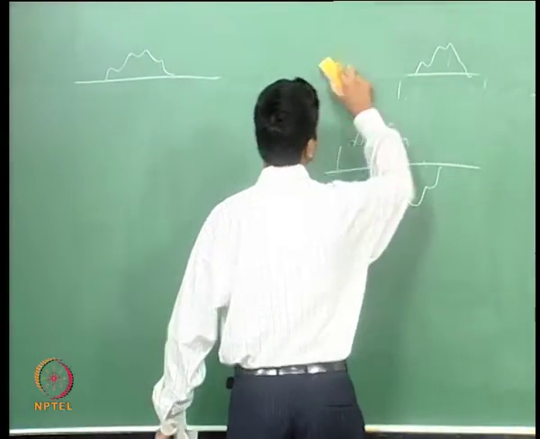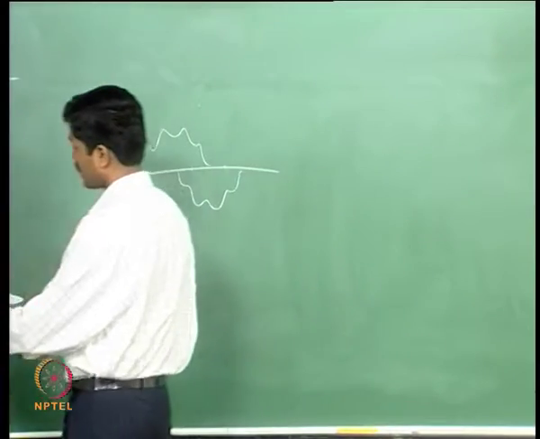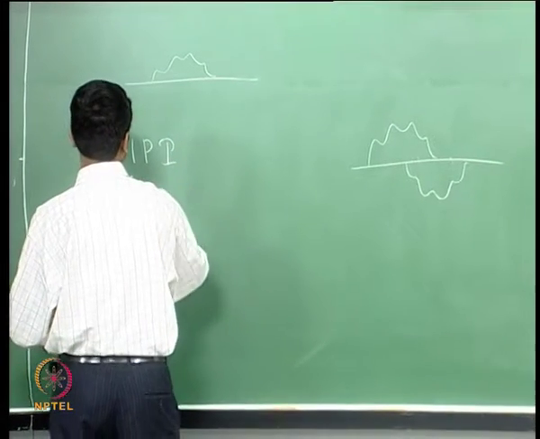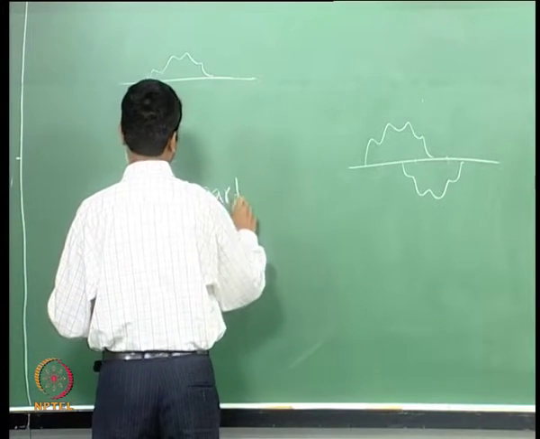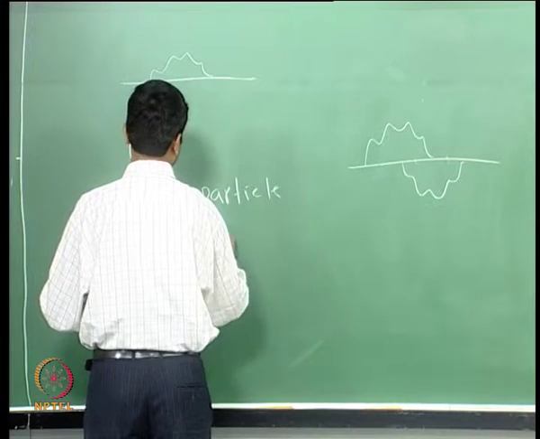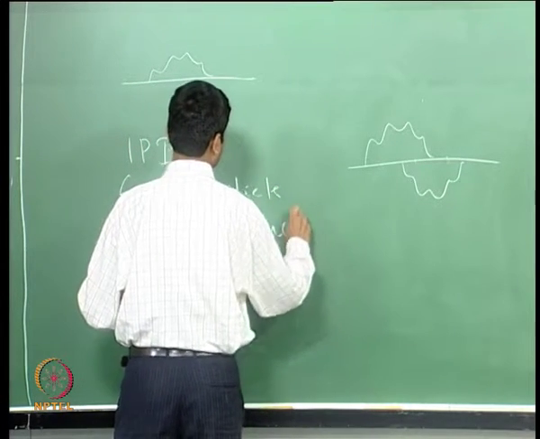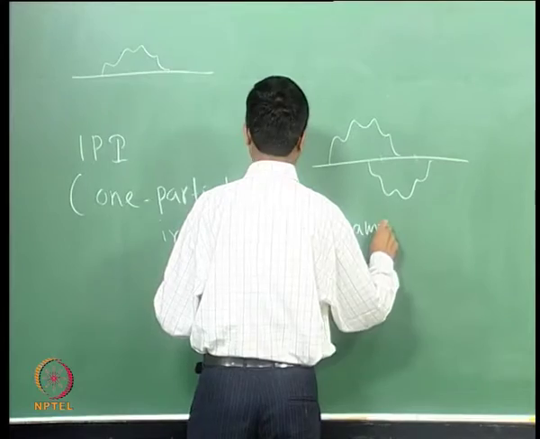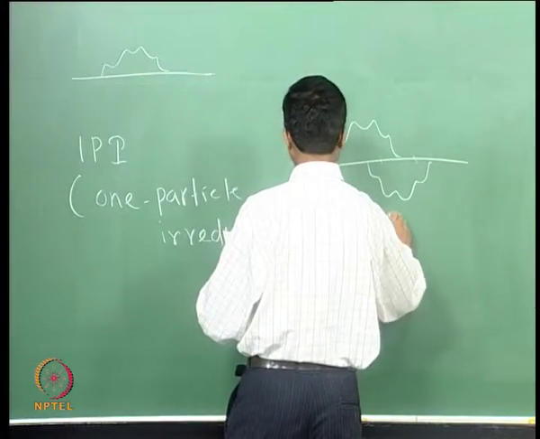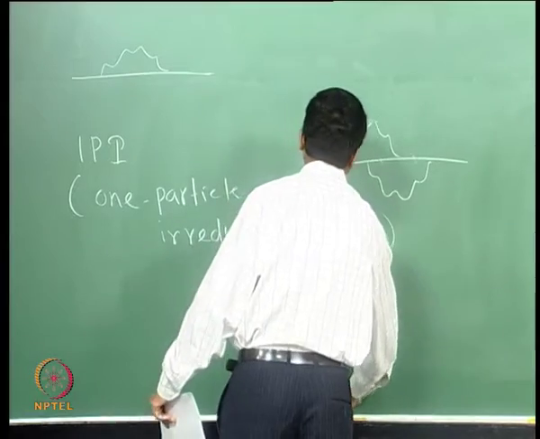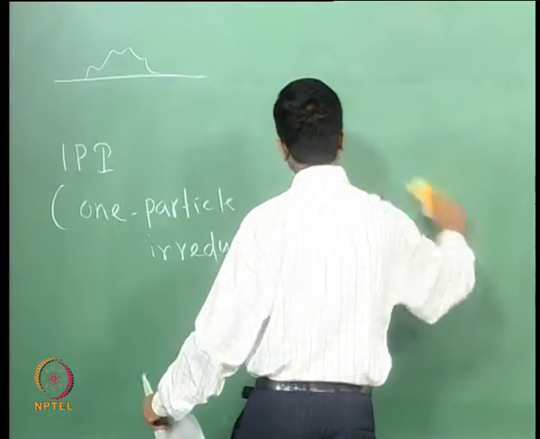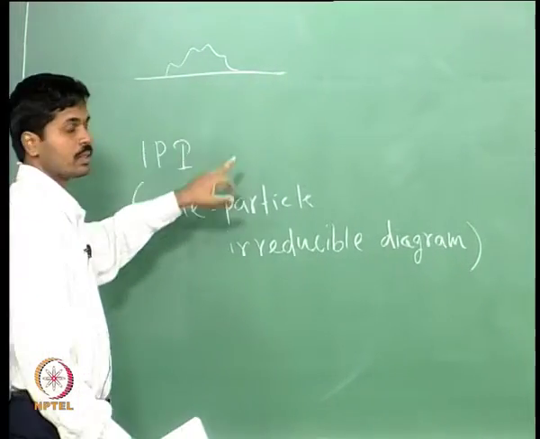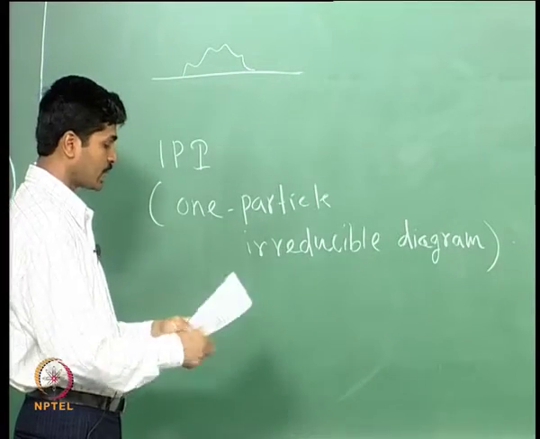So these ones we will denote to be 1 pi, one particle irreducible diagram, and at the lowest order at one loop level, which is order e square, it is simply given by minus I sigma 2.